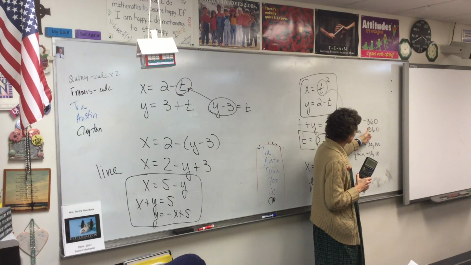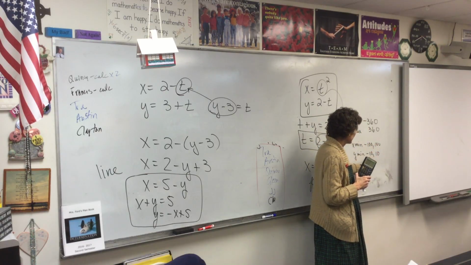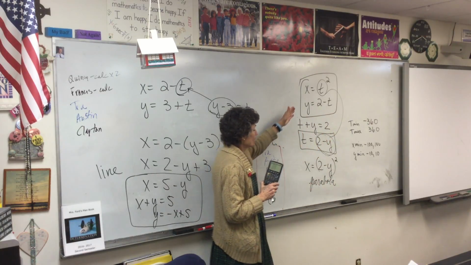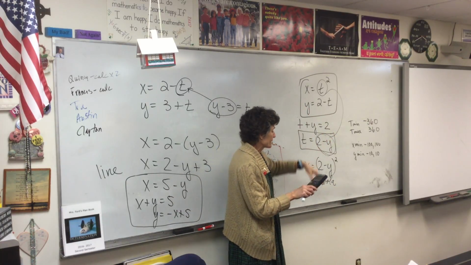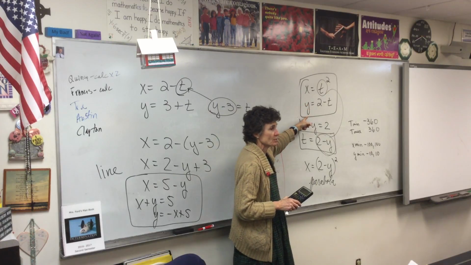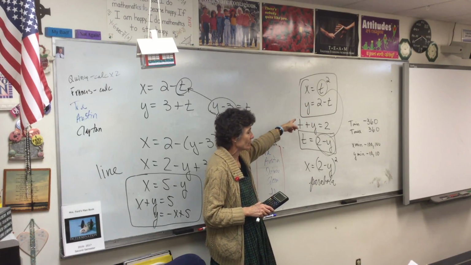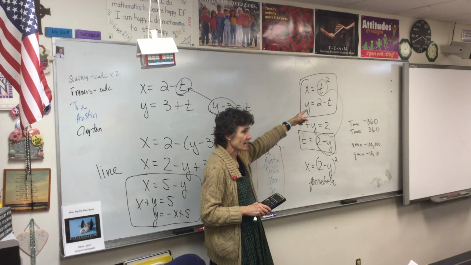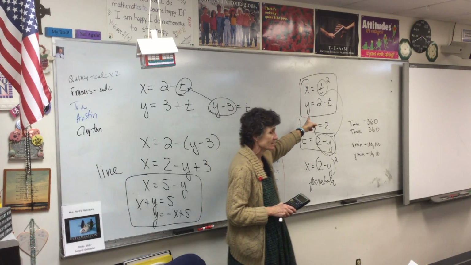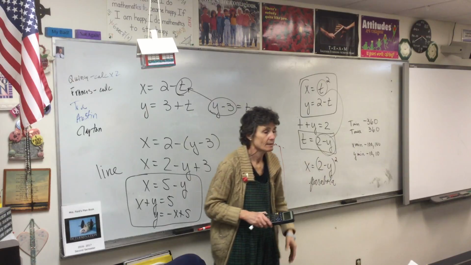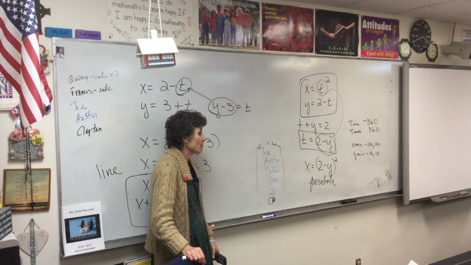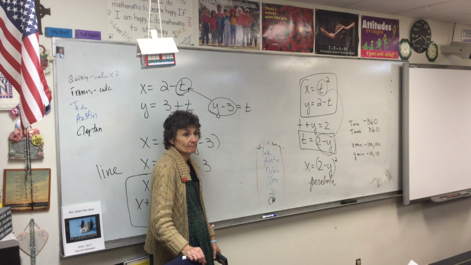Negative 360 to 360, negative 100 to 100, negative 10 to 10. Go to y equals. Type in these two equations exactly like I have them written here. Type in t squared where it says x equals, and type in 2 minus t where it says y equals. Then hit graph. And you should see a parabola opening sideways.